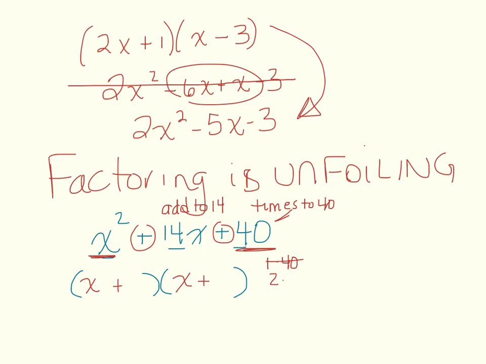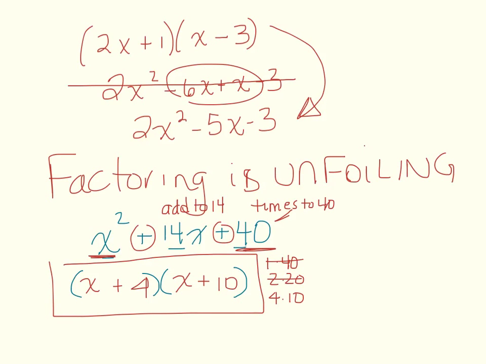So then you can try 2 and 20, but those would add together to be a 22. That doesn't work. 3 doesn't work. 4 times 10. Oh, and lo and behold, when I add them, they would add to 14. So let me go 4 and 10. And that's my factored form right there.